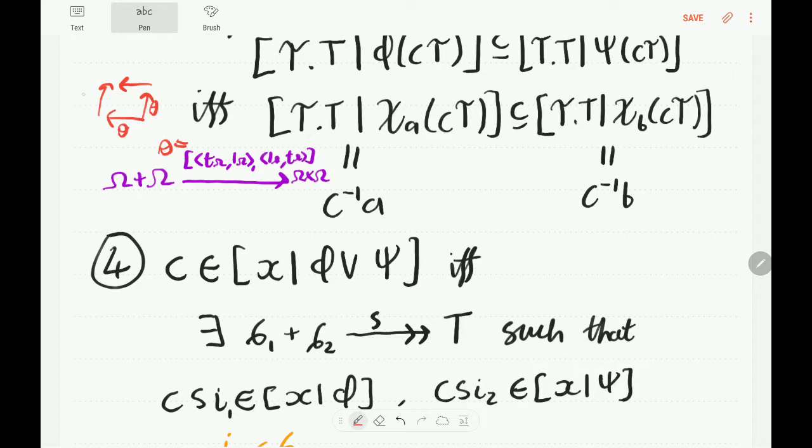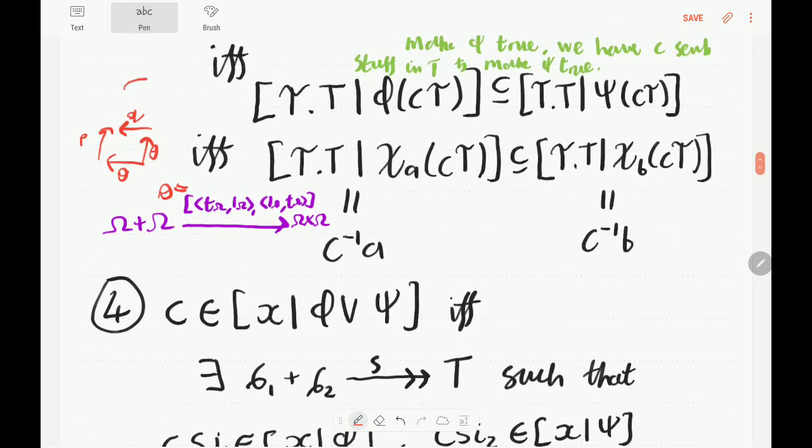So let's call these things P and Q. Well then, if you get the equalizer of P and Q, then this arrow here will be the image of theta, and that's a monic.